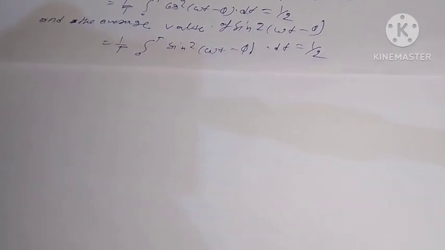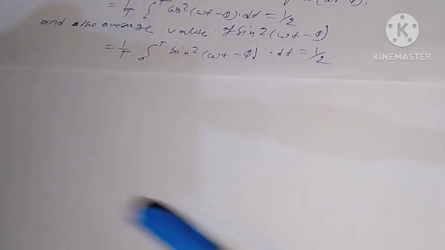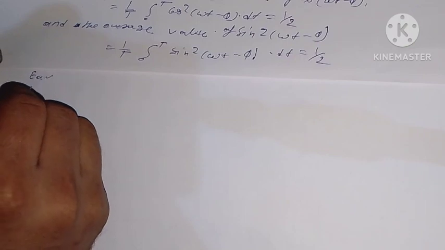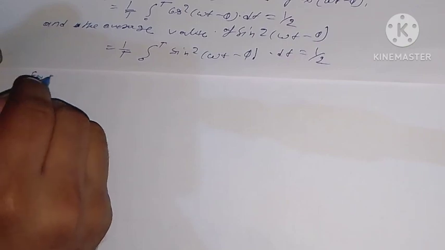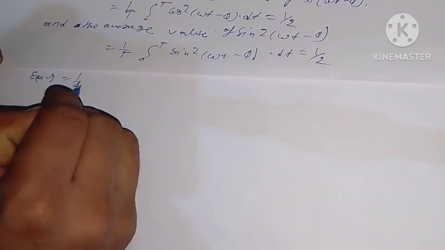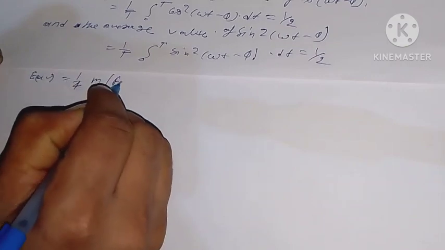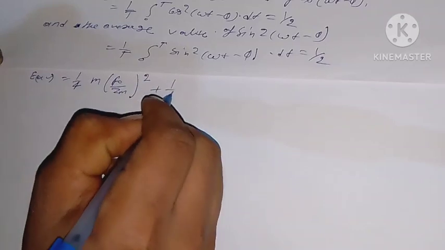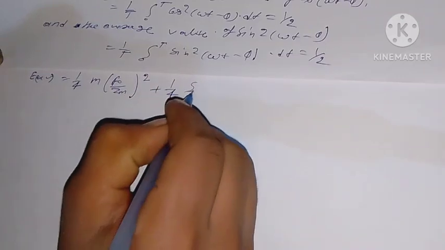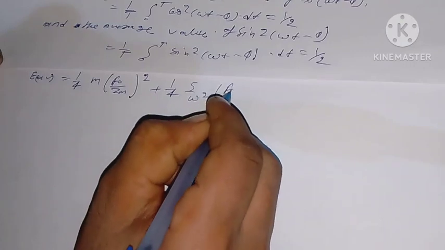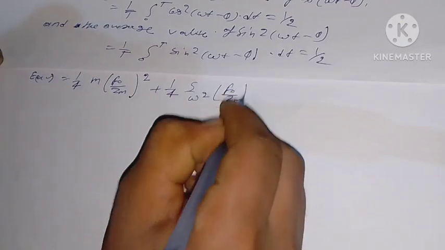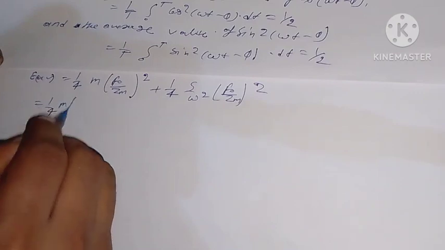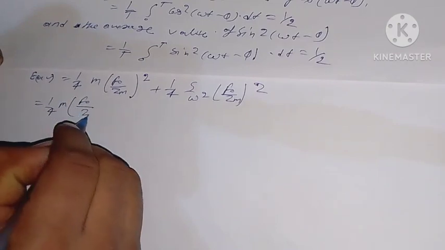Then E average equals 1 by 4 m (F naught upon Zm) square plus 1 by 4 s by omega square (F naught by Zm) whole square.